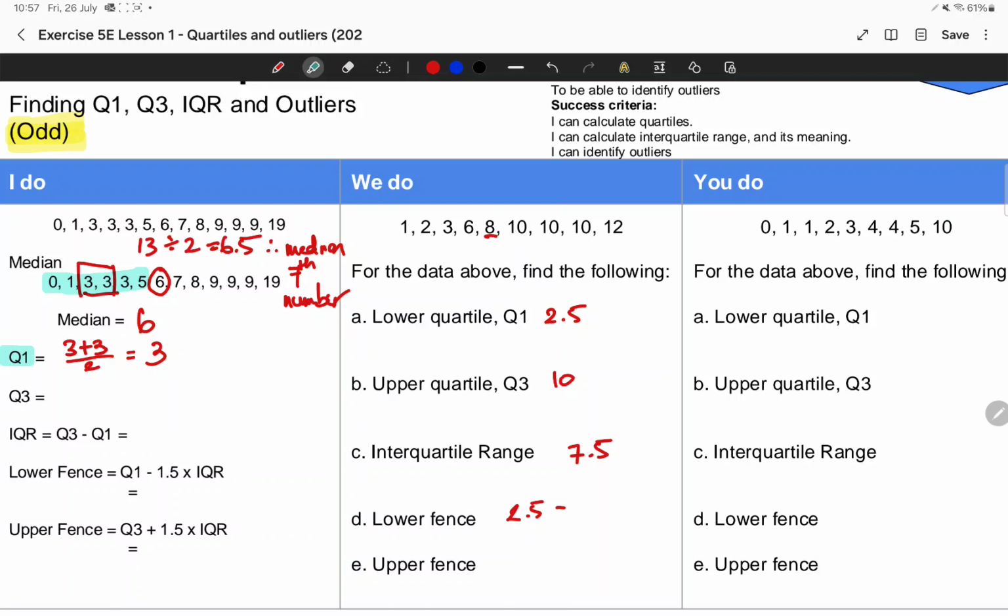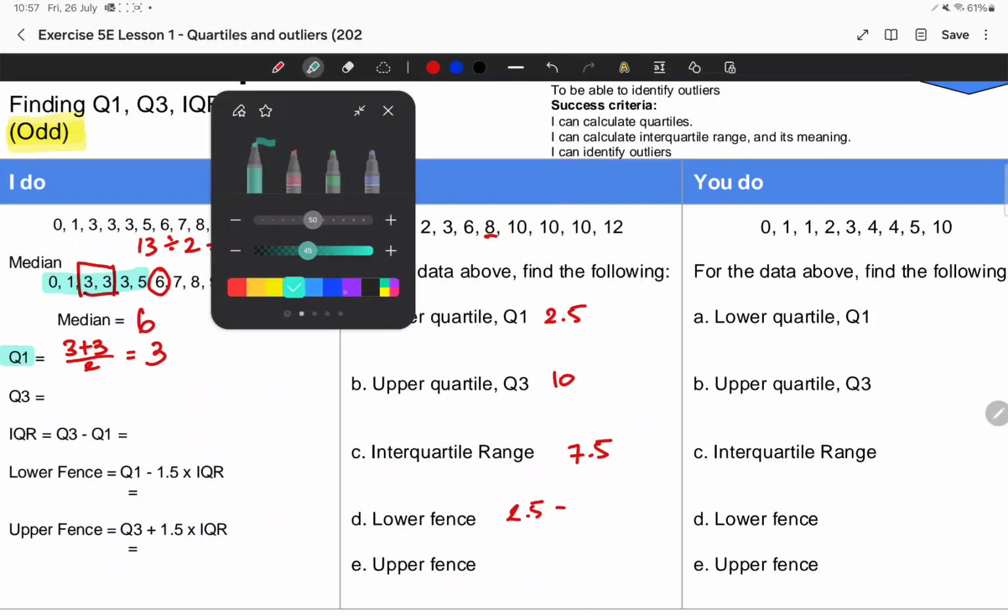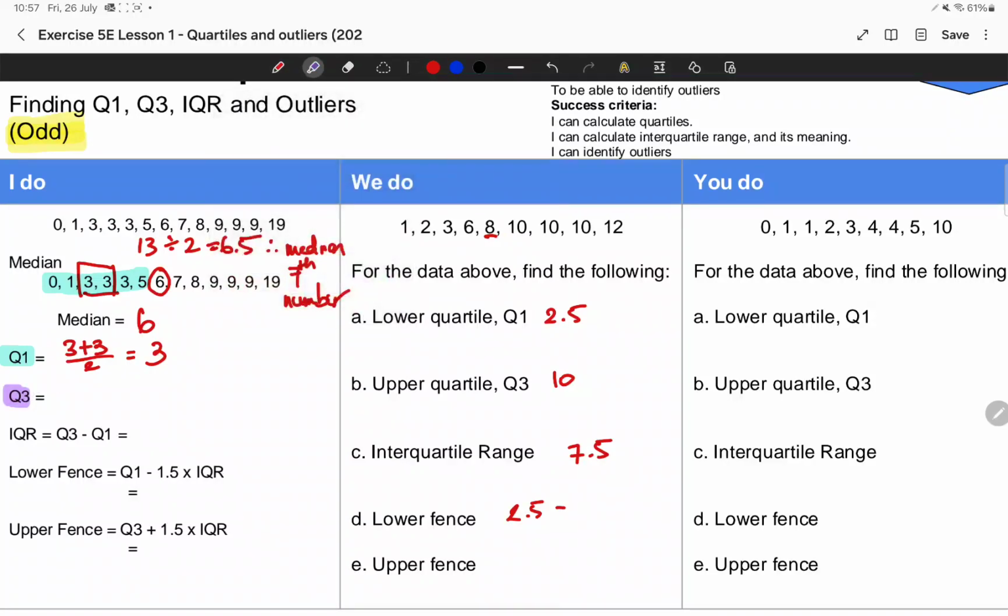Okay. And then for the Q3, let's look at these numbers here. The same thing, the two middle numbers are going to be, whoops, not those two. Oh no, yes, it is those two. Those two right there.